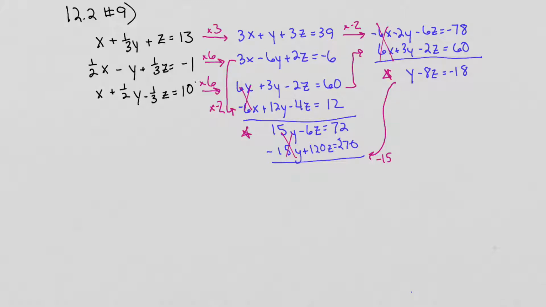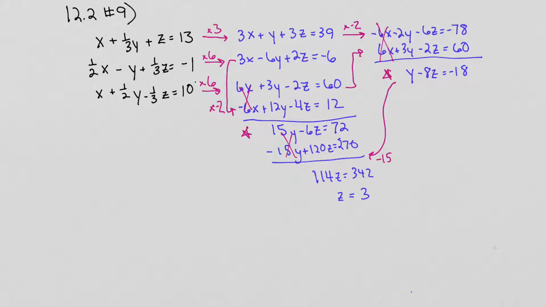Okay, so adding these up, there's 114z and 72 plus 270. 342. Now divide both sides of the equation by 114 and we have z equals 3.